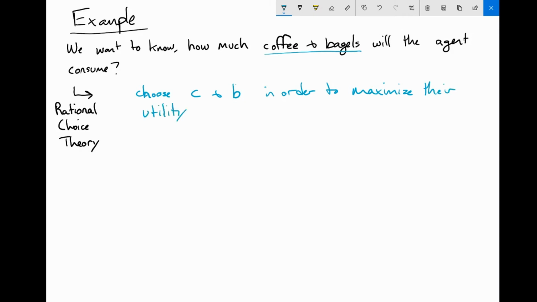So if I want to know how much coffee and bagels they're going to consume, I need to find C and B that maximize their utility function subject to their budget constraint.